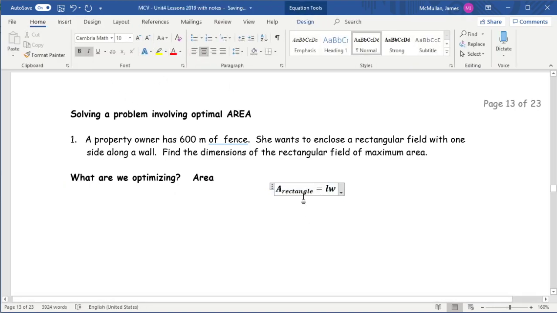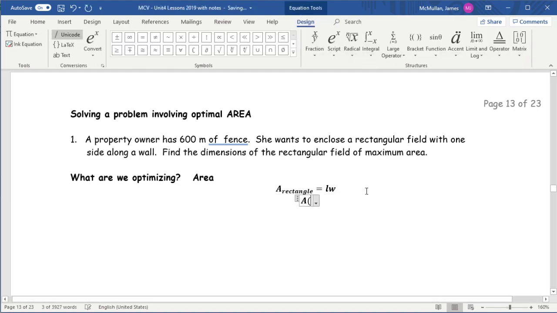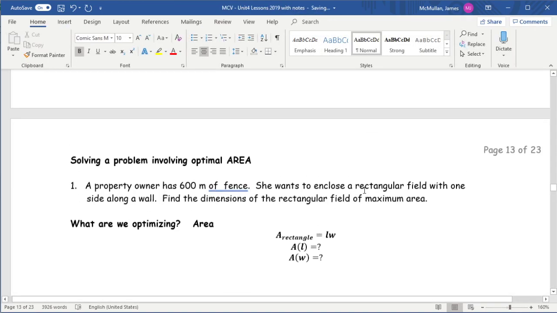Now, if we want to find the maximum of this, we have two variables. If I want to make an area function, do I make it a function of L or a function of width? Which one is my input? They're both inputs.